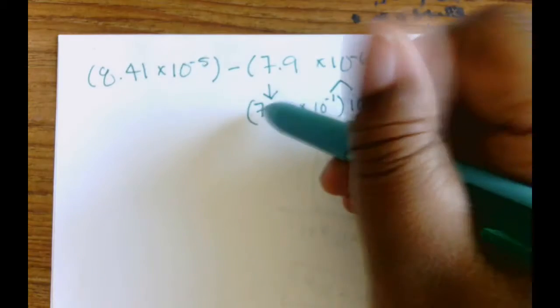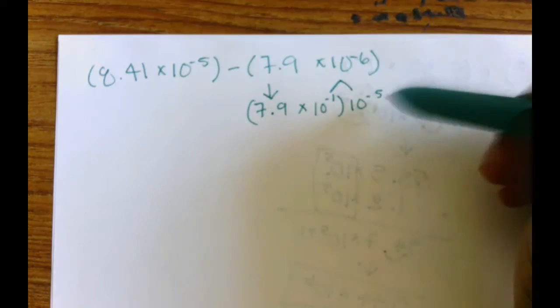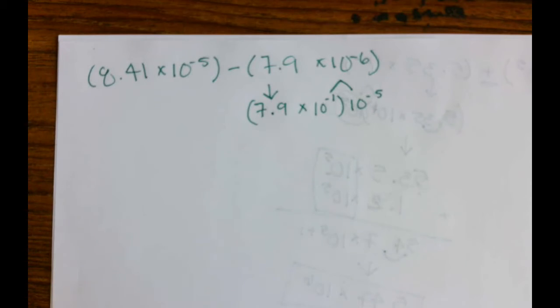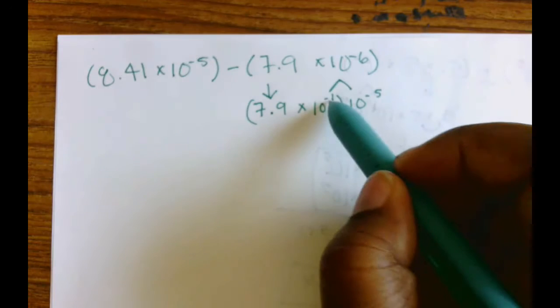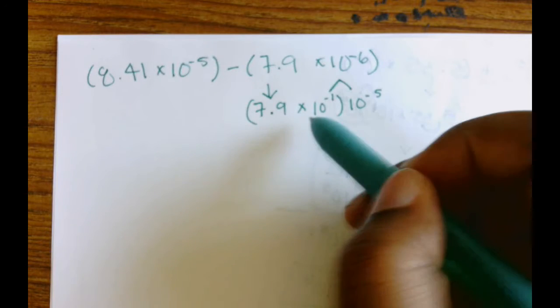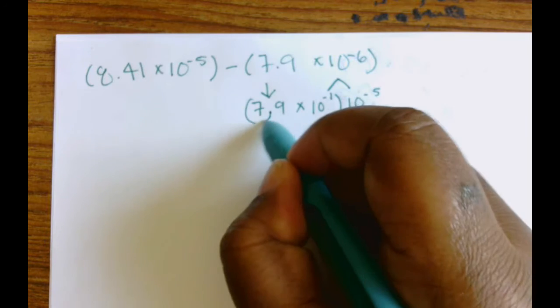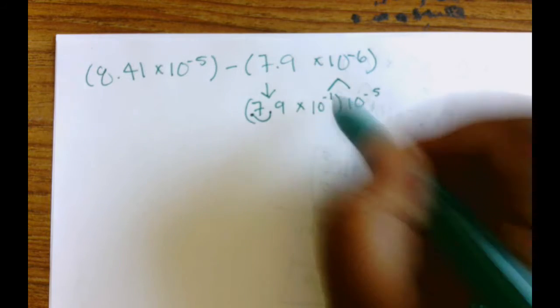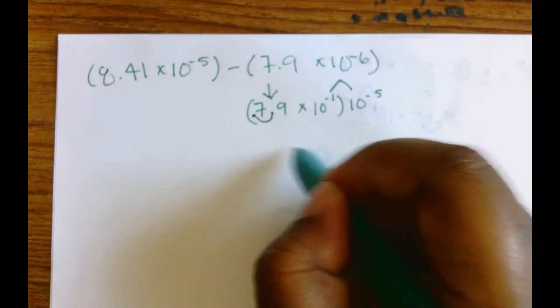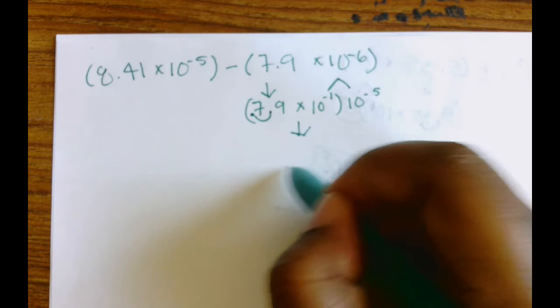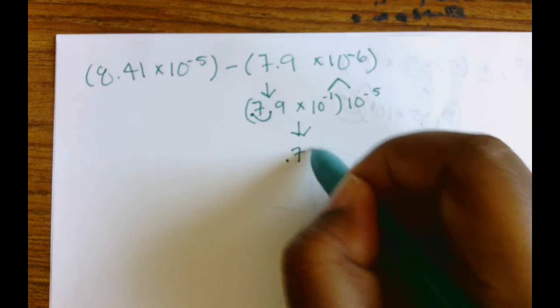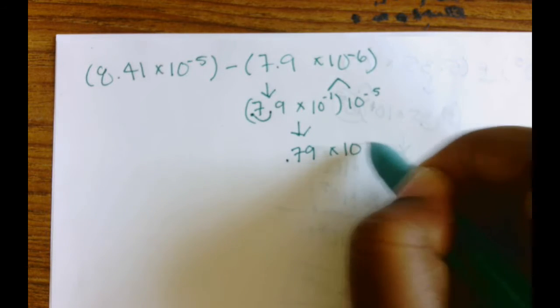And now I have 7.9 times 10 to the negative first times 10 to the negative fifth power. Because this is a negative exponent, instead of moving my decimal to the right, I'm going to move it to the left one time because it's a negative 1 exponent. My new answer is going to be 0.79 times 10 to the negative fifth power.